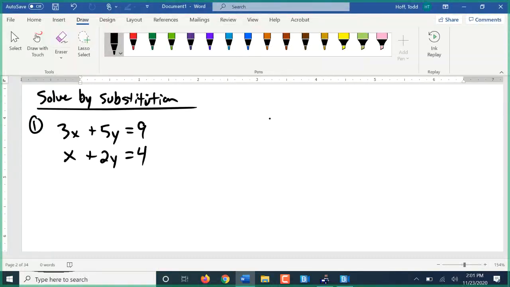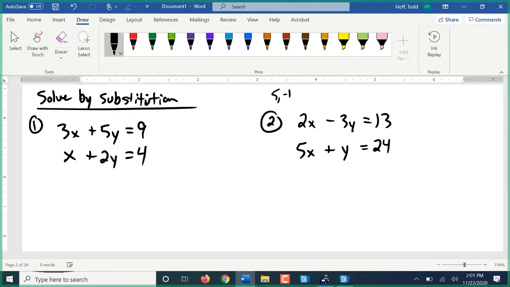And our second one, 2x minus 3y is going to equal 13. And 5x plus y equals 24. So I'll give you a few minutes to solve the two of them using substitution.